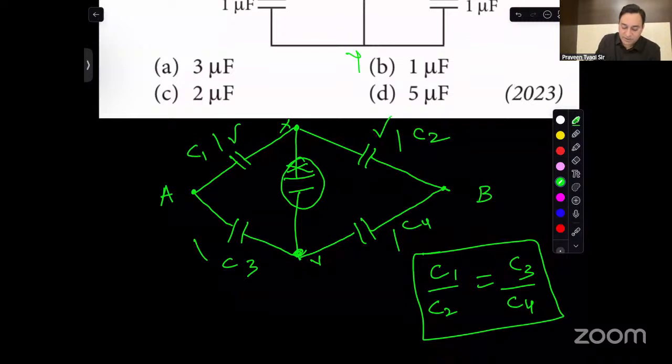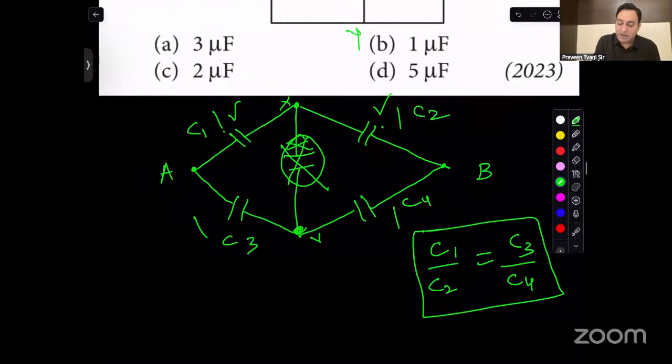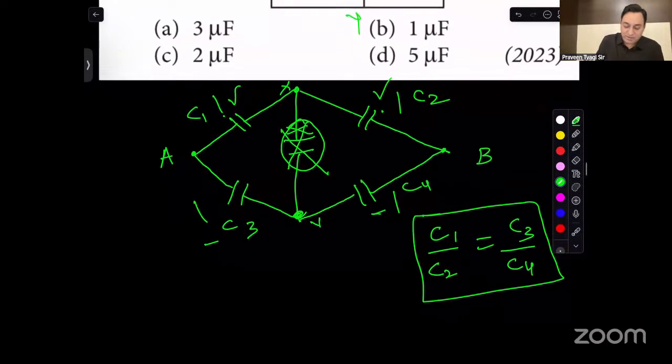These 2 will be in series, and this capacitor will have no role. You can just eliminate that. This is called a balanced condition of a Wheatstone bridge. All you had to do is identify this, and the moment you do that, now 1 and 1 are in series, this 1 and this 1 are in series, and they both are in parallel. So equivalent capacitance when they are in series is 1 by 1 plus 1 by 1.